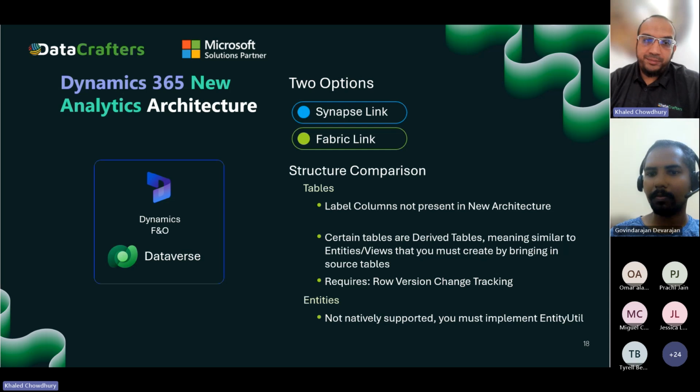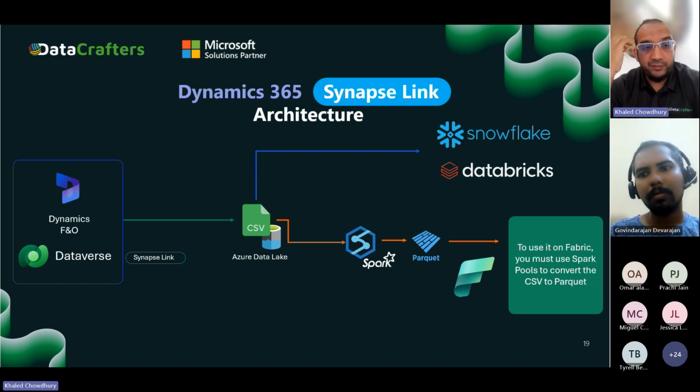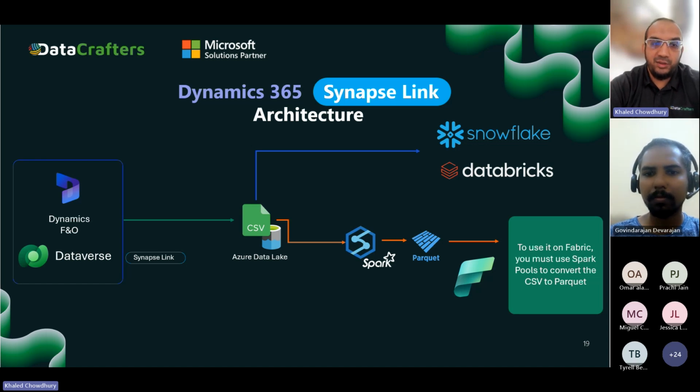All right, so think about the Synapse Link architecture, where you can get to Fabric, and there are two designs for using Synapse Link. You can get the data into CSV in Azure Data Lake, and then if you're using an external data warehousing platform like Snowflake or Databricks, you can essentially pull the data from that.